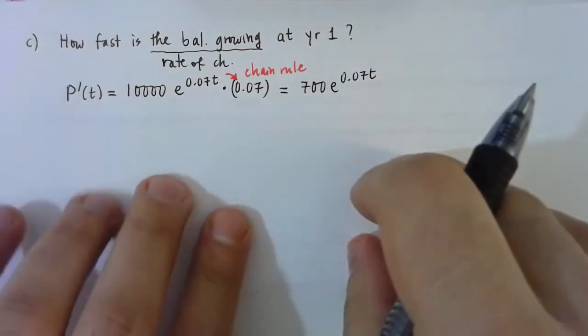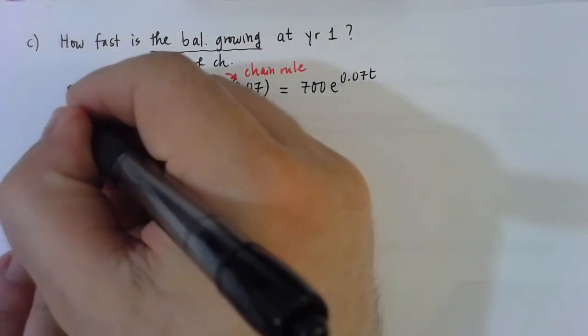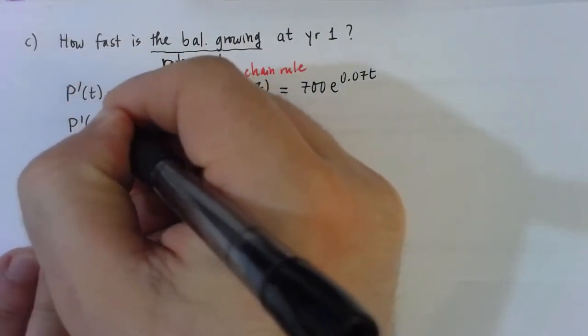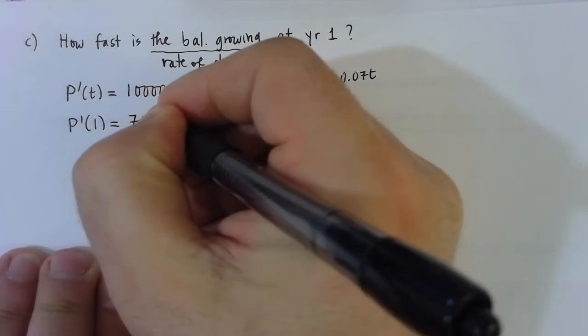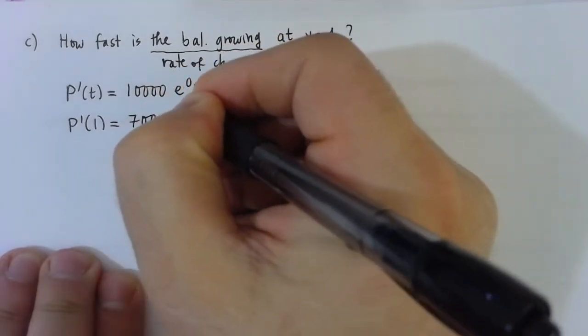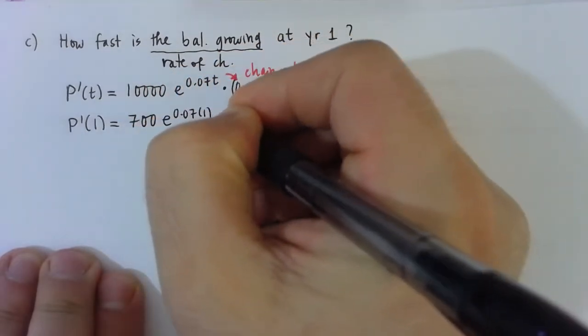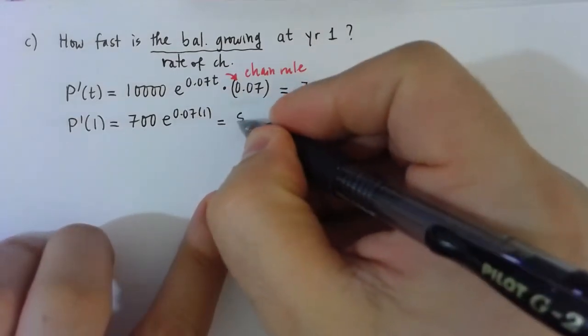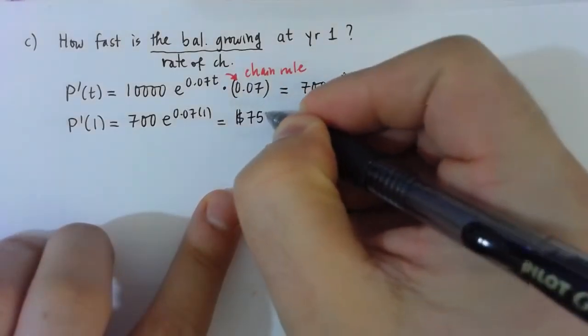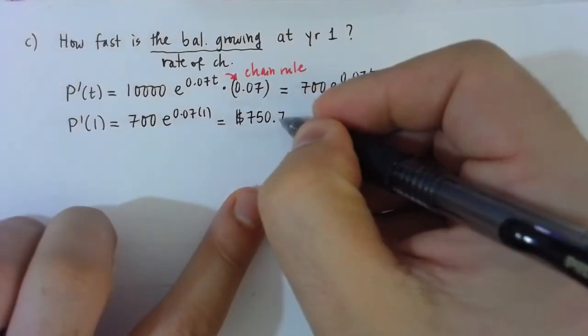This is p prime, the rate of change, and they ask us to find p prime 1. It's going to be 700 e to the power 0.07 times 1, which is going to be 750.76.